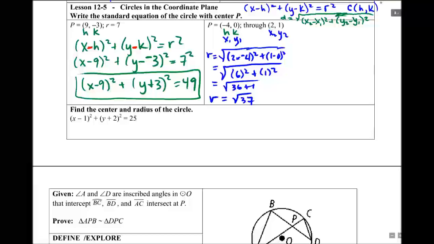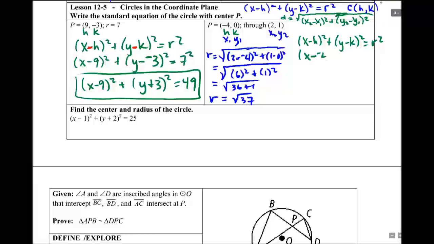So then we just take our r, we write our formula for a circle again, x minus h, y minus k, both of those squared equals r squared. x minus, don't forget minus, what was h?